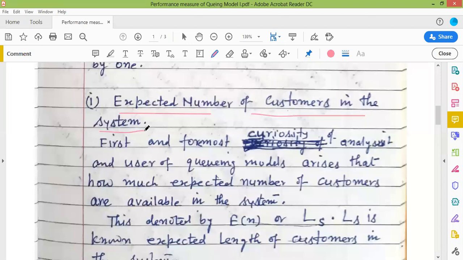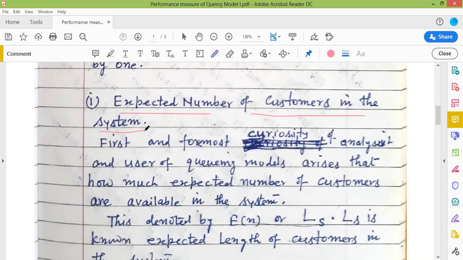So expected number of customers in the system means it has two parts. One part is how many on an average persons are standing in the queue and how many are being serviced.